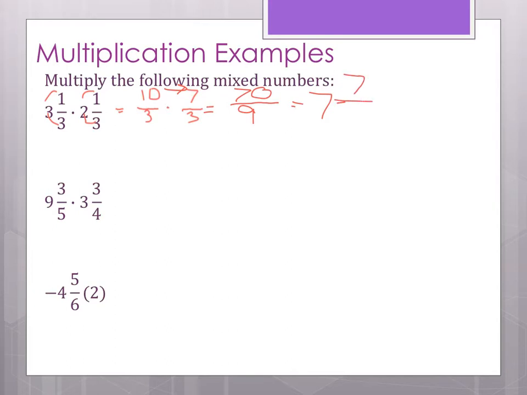My remainder there would be 7 over the original denominator of 9. And you may have to do long division to do that. That would look like 70 divided by 9, 7, is 63. We subtract, we get 7. So that's our whole, and that's our numerator, and we keep the same denominator.